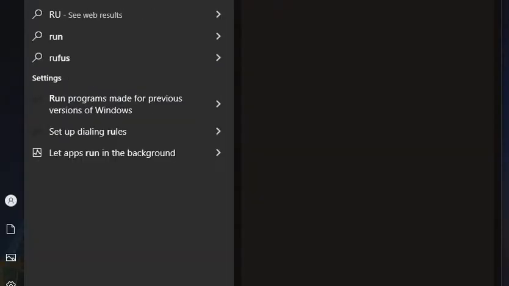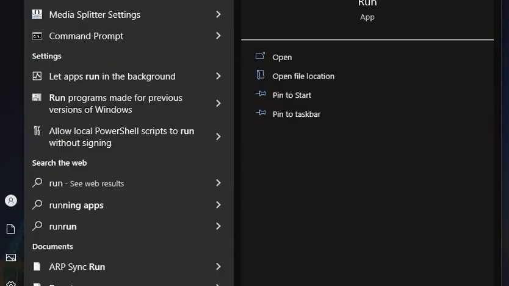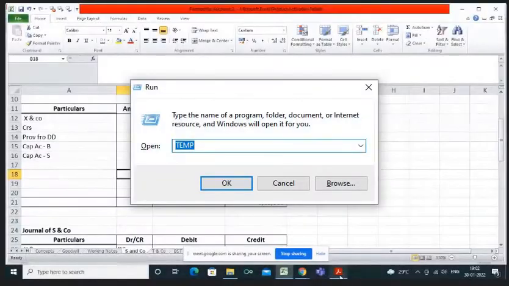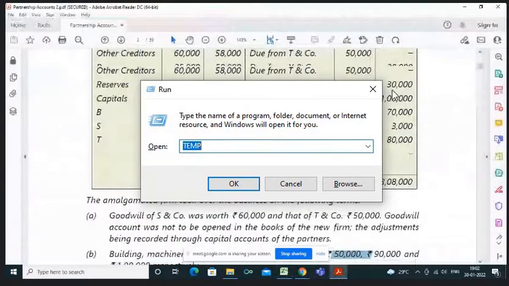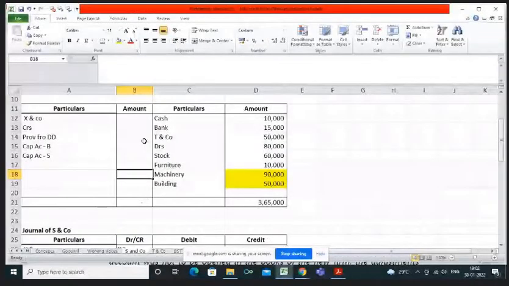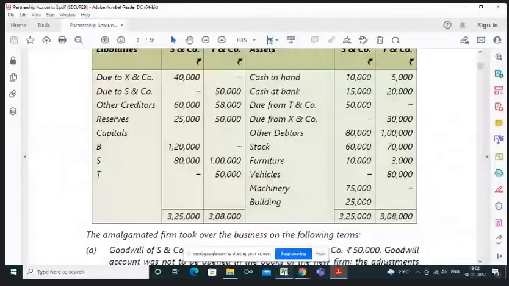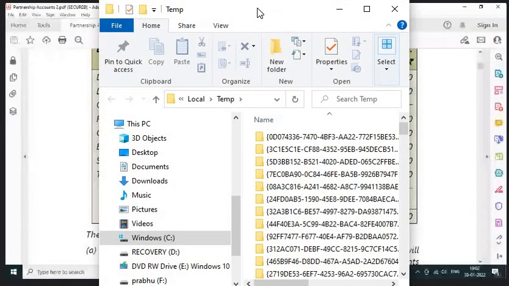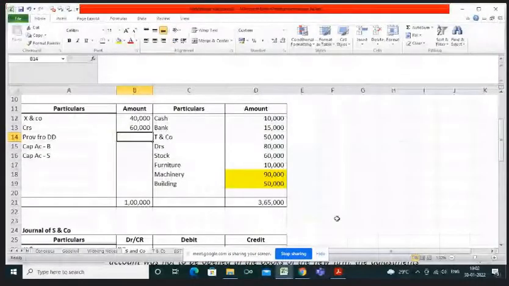Machinery is 75,000, but at which value are we taking over? It is at 90,000. So in the revised balance sheet, I will show machinery at 90,000, and the building not at 25,000. I will show it at 50,000.